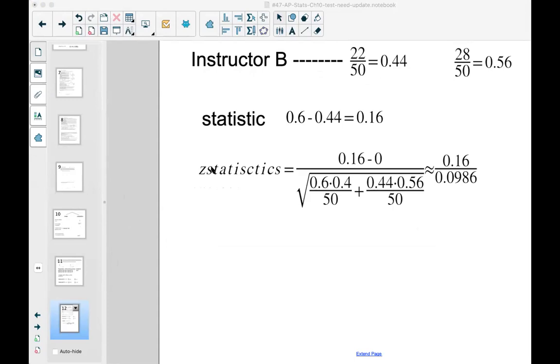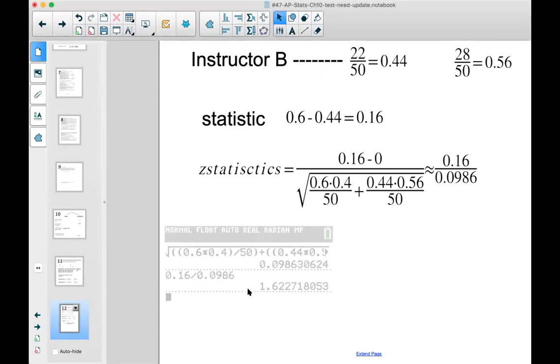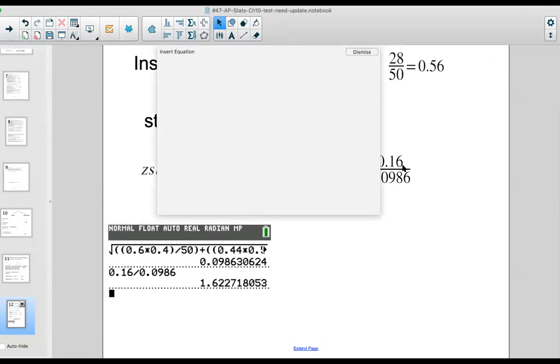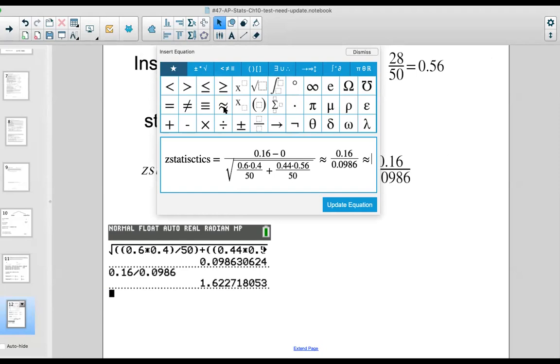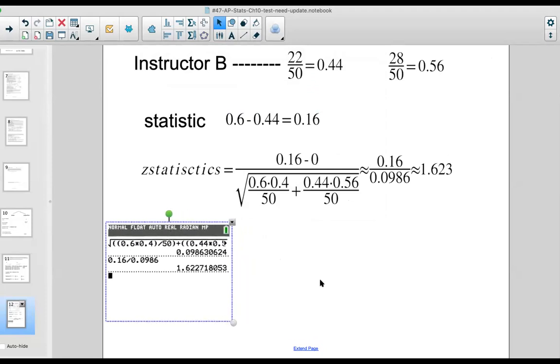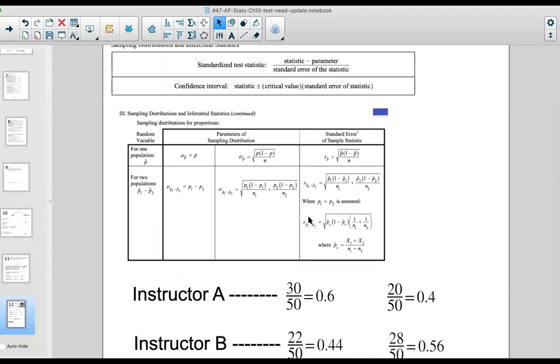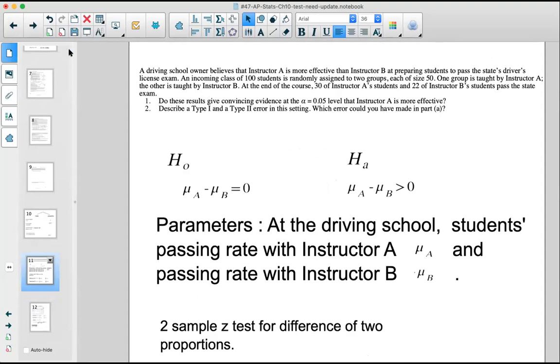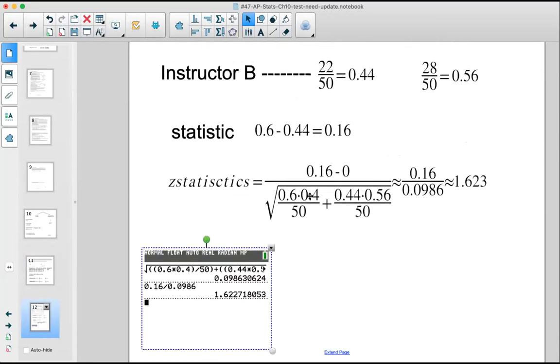I'm using a calculator, by the way, so it's going to be 1.623, positive. That's the z statistic. And it's one tail, right? The hypothesis is one-tailed, greater than, so that's one side.